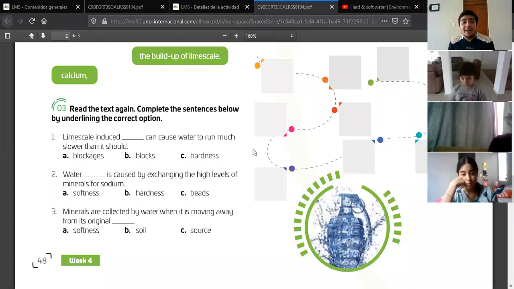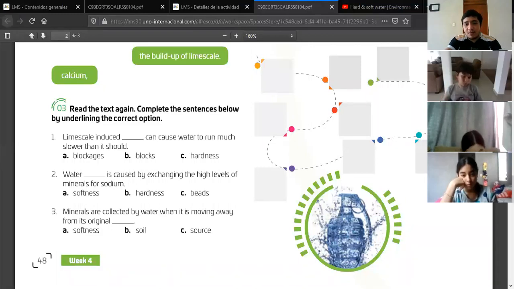It says limescale induced blank space can cause water to run much slower than it should. Blockages, blocks, or hardness? Which one do you think it is? Blocks. You were close. The other one? Blockages. Yes, blockages.